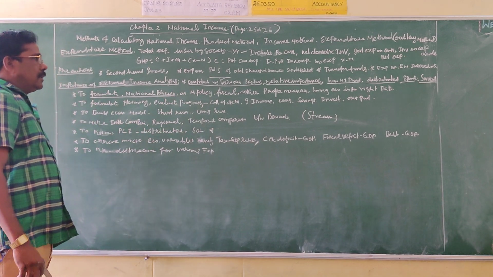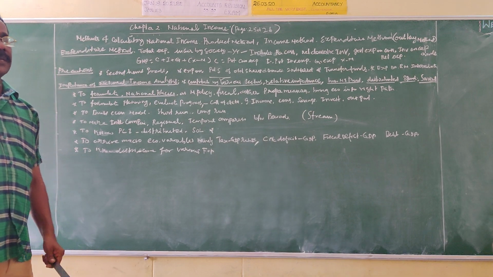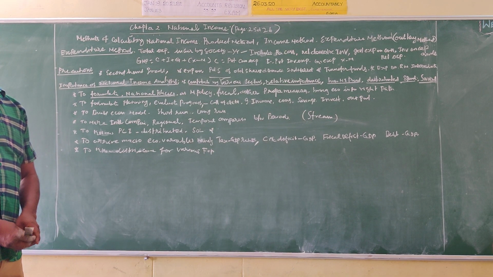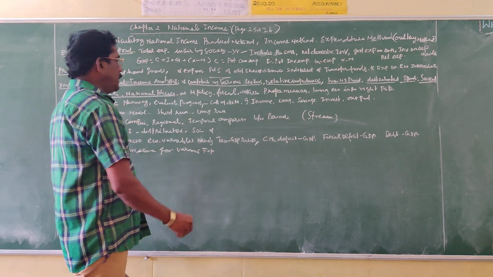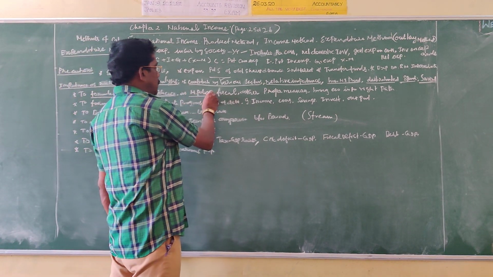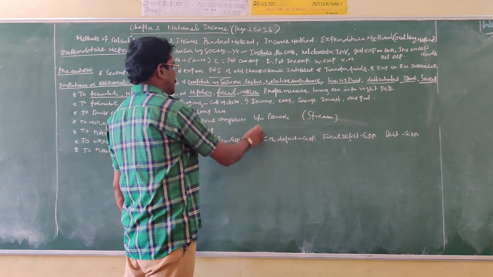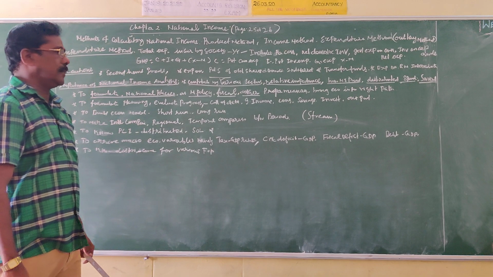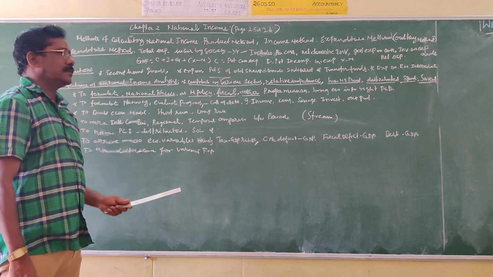Then the second one, to formulate the national policies. Each and every country has to formulate national policies for the growth or development of the nation, especially the monetary policy, the fiscal policy and other policies prepared by the government. Monetary policy means regarding the monetary aspects.